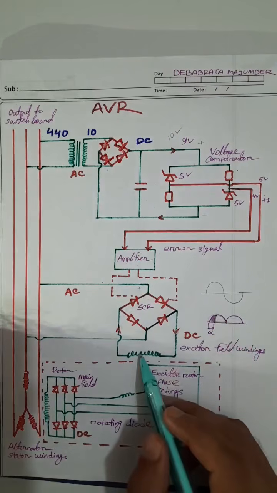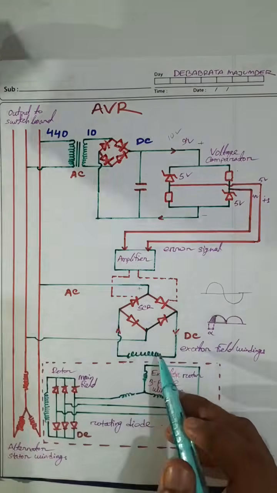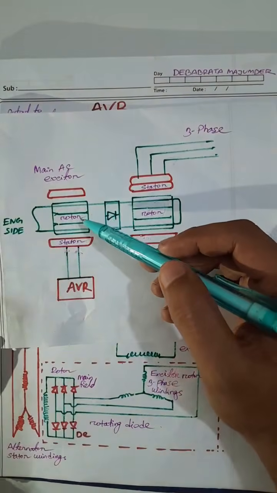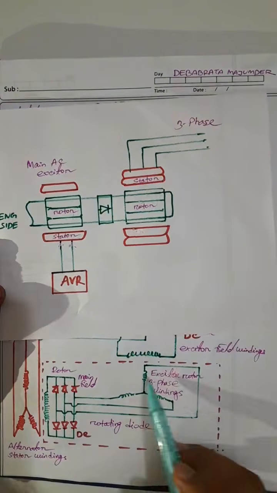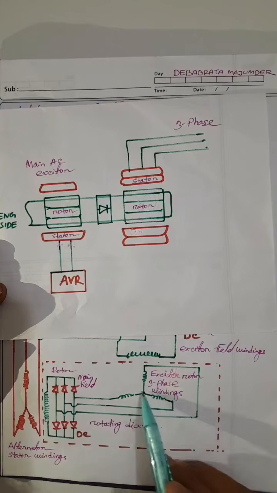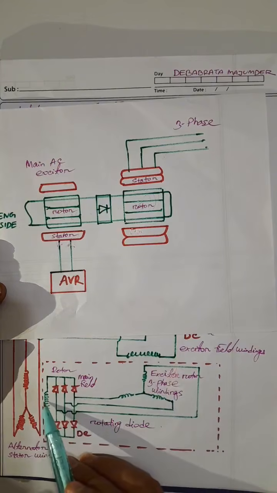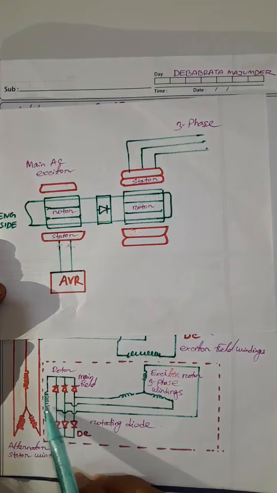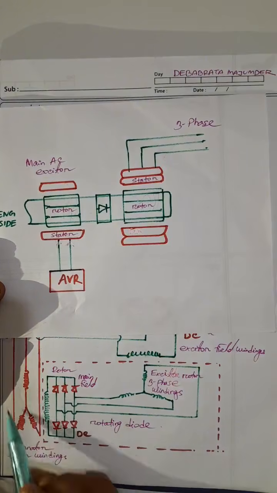According to this, there will be voltage available in the exciter field windings. As voltage is available in the exciter field windings, there will be induced current in the rotor windings, which are three-phase windings, and this AC current will pass through the rotating diodes, which convert AC to DC, and this current is supplied to the main rotor windings, and there will be more magnetic flux cutting in the stator windings, which is also a three-phase supply.